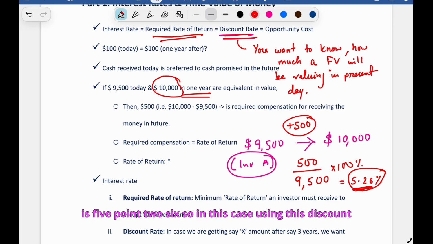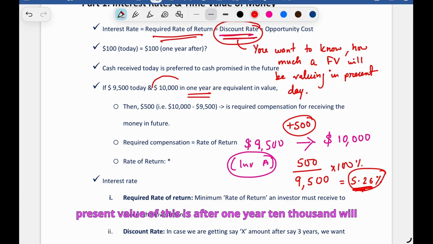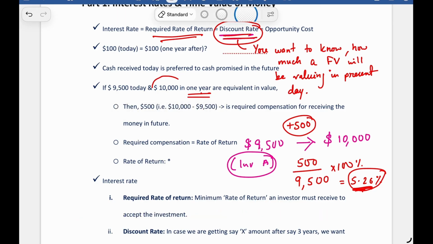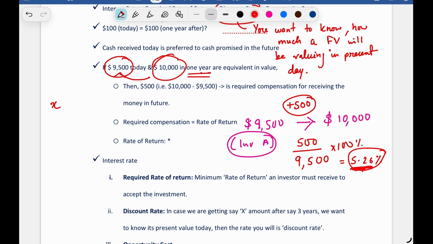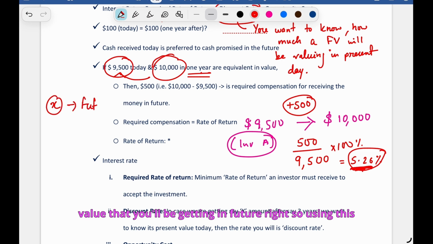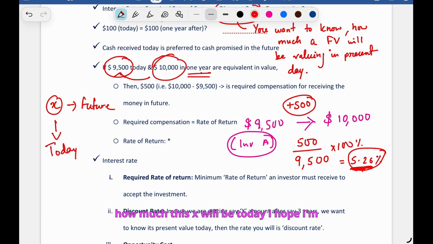So in this case, using this rate, the discount rate, you will be able to know the present value of this amount after 1 year. So 10,000's present value will be how much? 9,500. So using this discount rate, you will be able to arrive at any value, say X value that you will be getting in future, right? So using this discount rate, you will be able to tell how much this X will be today. I hope I'm pretty much clear about this.